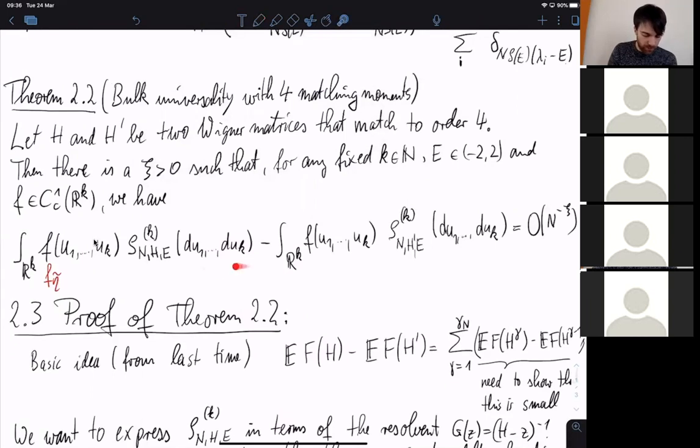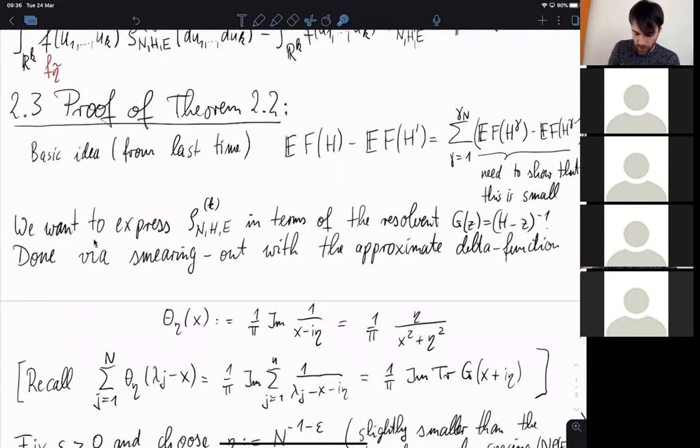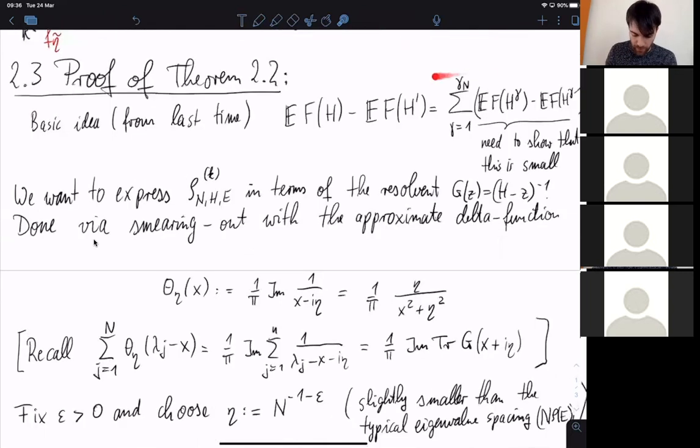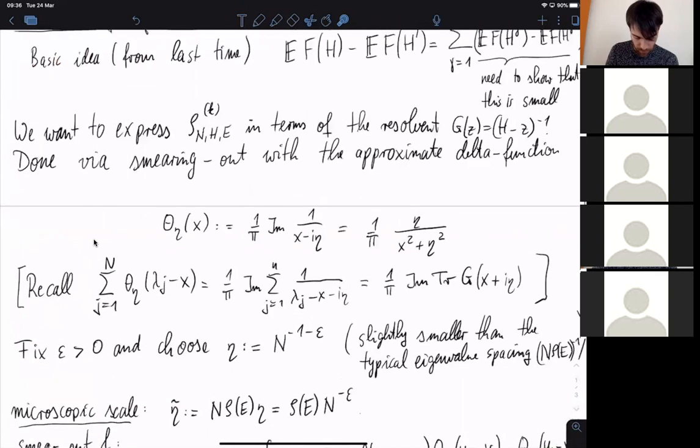And then by the definition of f eta tilde, it will be easy to bring in the resolvent. Then we can reformulate this statement in terms of the resolvent, at least if the f's are replaced by f eta tilde. And then we can use the machinery of the resolvent, and in particular we can make this idea work for the resolvent by using the local law and these moment matching assumptions.